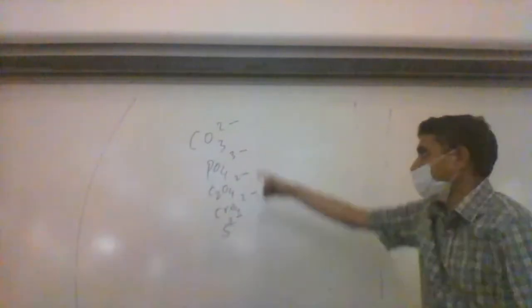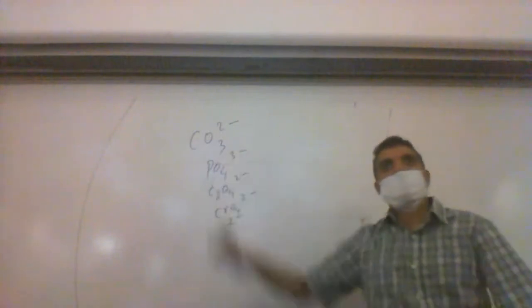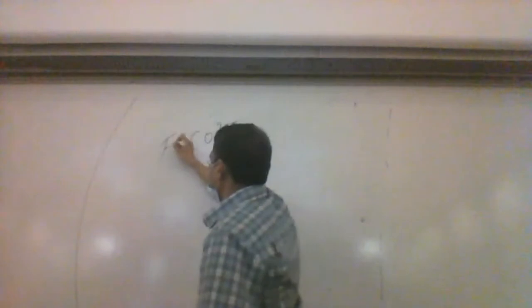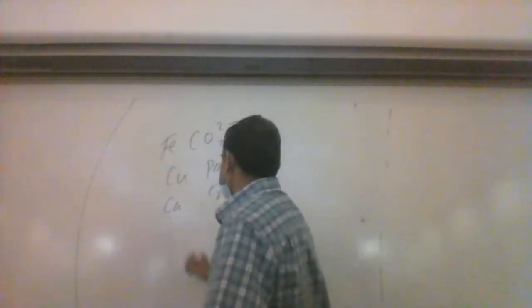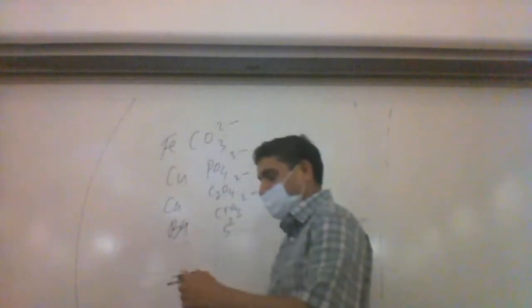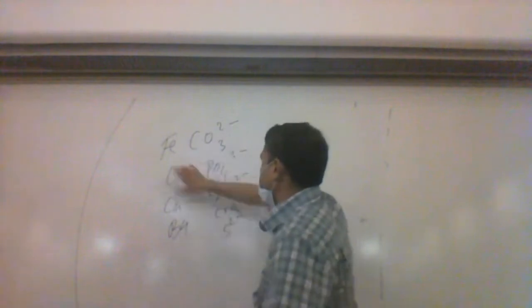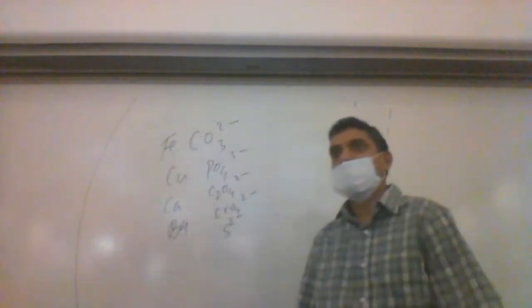If something is reacted with these things, that is insoluble. So put iron here. Maybe put copper. Maybe put calcium. Maybe you can put barium. If something is connected with these ions, they are all insoluble.